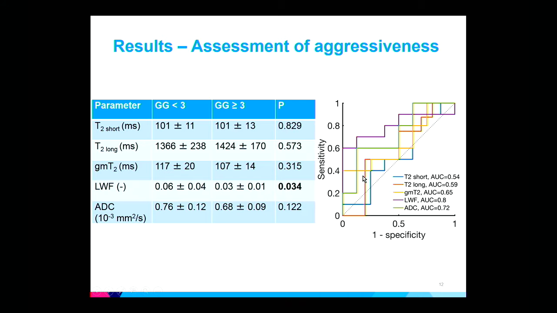Also, in the ROC analysis, we found a high AUC of 0.8 for the luminal water fraction for differentiation between low and high-grade prostate cancer, while the ADC showed a smaller AUC of 0.72.